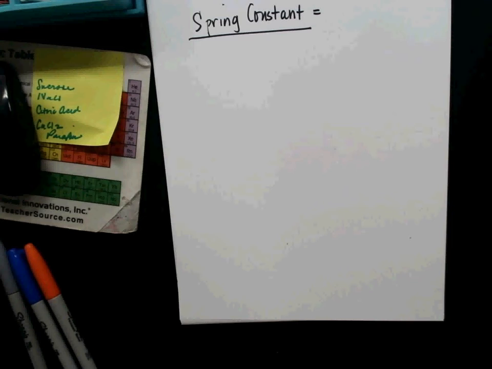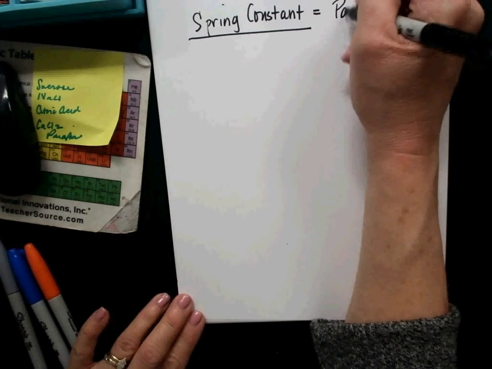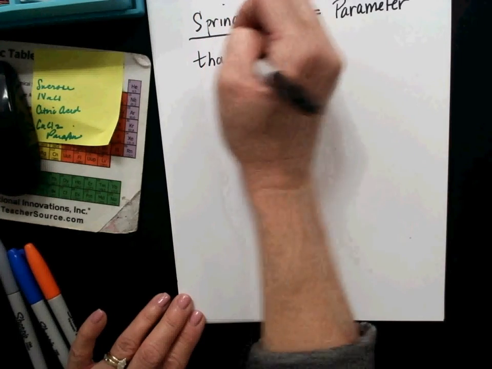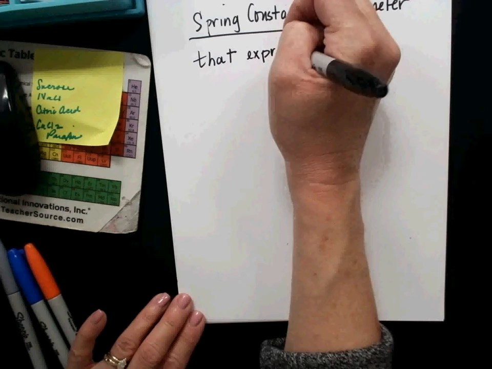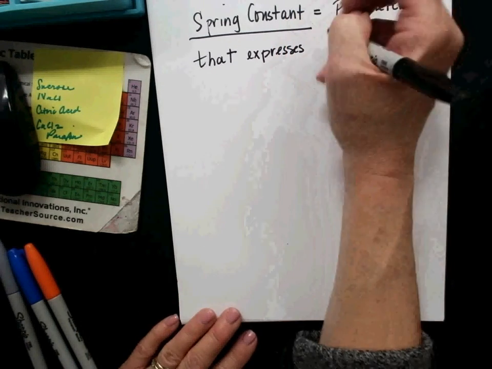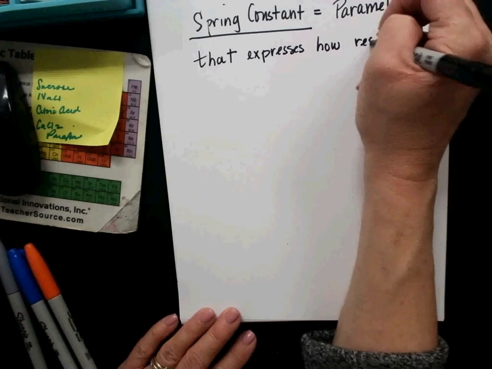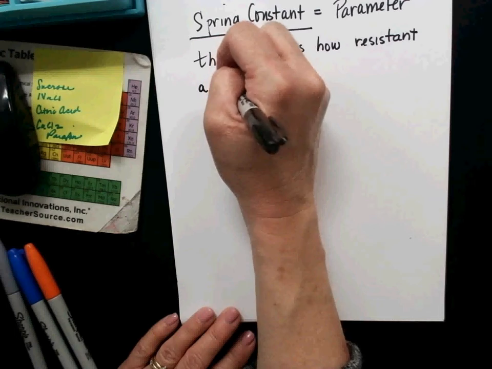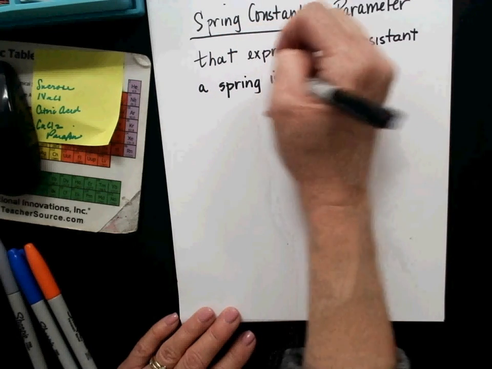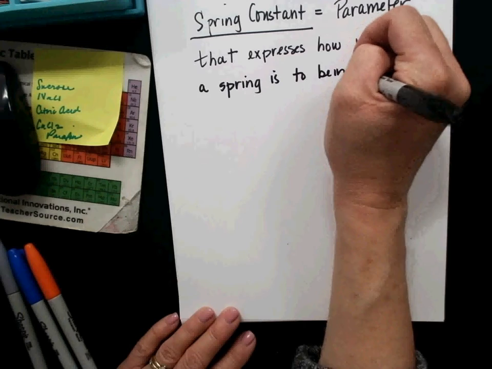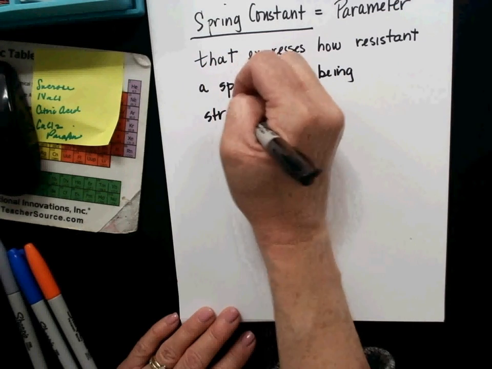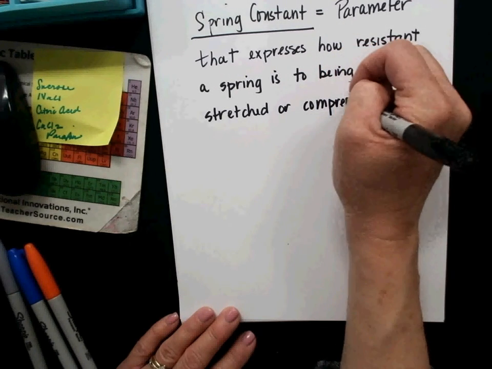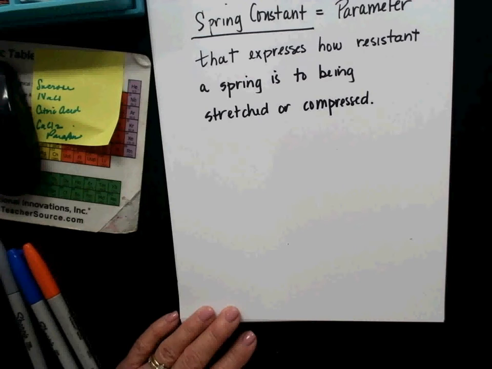We're going to define spring constant. Basically, we say it's a parameter that expresses how resistant a spring is to being stretched or compressed.